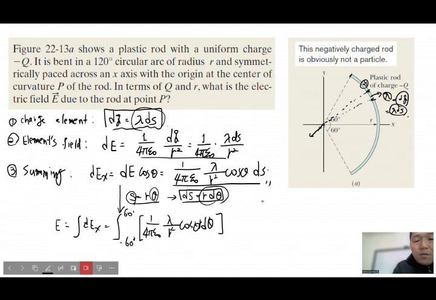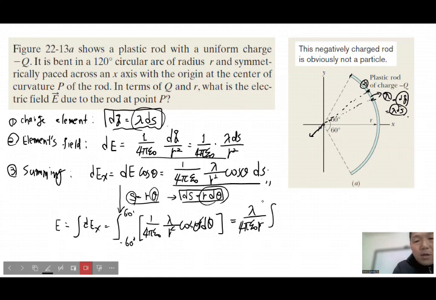Now you can take all the constant values out of this integral, leaving only the variable theta inside. That should be lambda over 4 pi epsilon naught r, because the r is cancelled between numerator and denominator, leaving only r in the denominator.